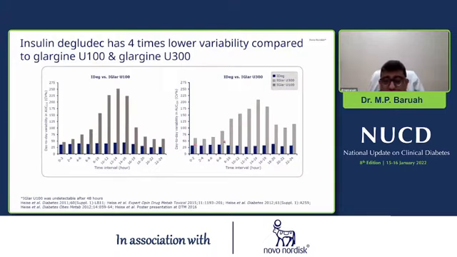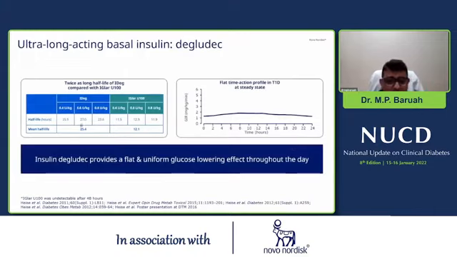That's because of the flat profile of insulin degludec. The difference is somewhat lesser in degludec versus U300, and rather more prominent in case of degludec versus U100. But nevertheless, by far, this is the best insulin for maintaining time in range, because of its long action profile, and it is very flat without a single peak throughout the 24 hour period.